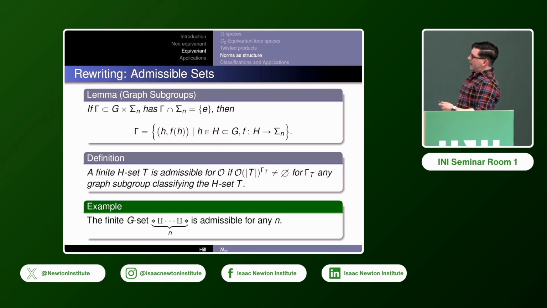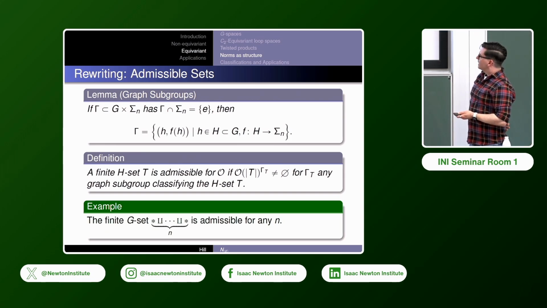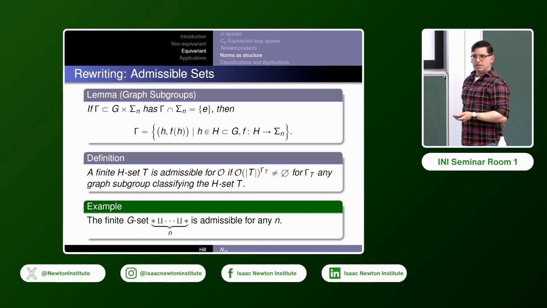Namely, if I have a subgroup of the group G cross sigma n, that's what was acting on the spaces of my operad, and it intersects sigma n trivially, then this kind of subgroup data is the same data as a subgroup H of G and an H-set structure on the set from 1 to n.